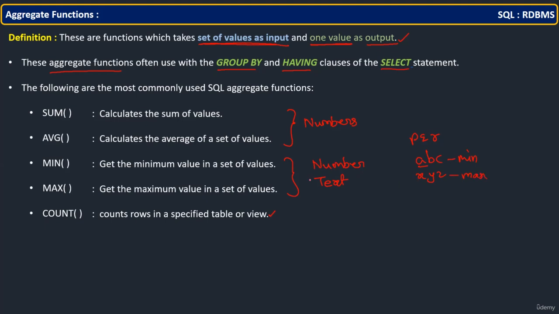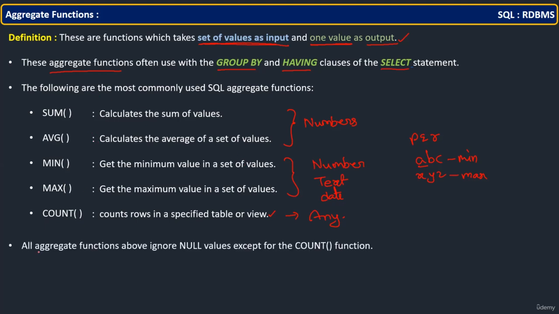So it works on text also. Not only on text, it works on dates also. So min and max work on numbers, text, and date. And the count function is going to work on anything. So this is the very first thing we have to understand about aggregate functions.